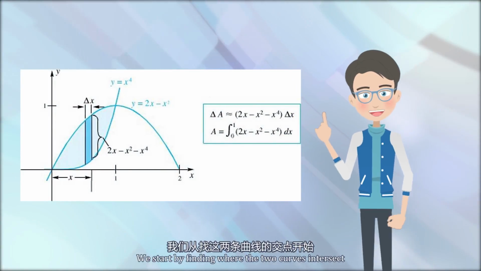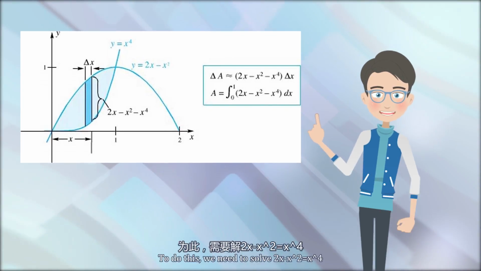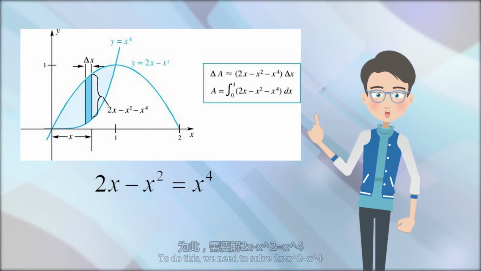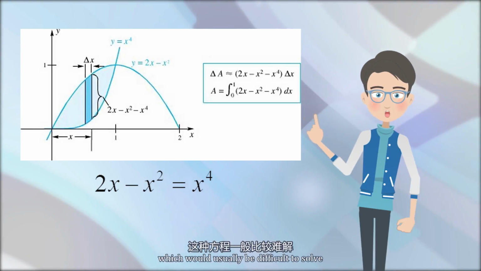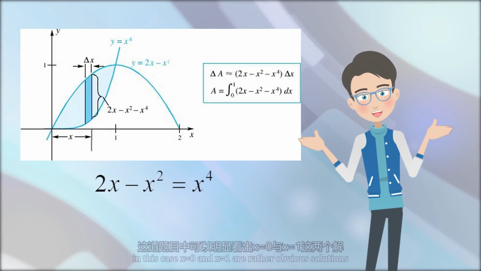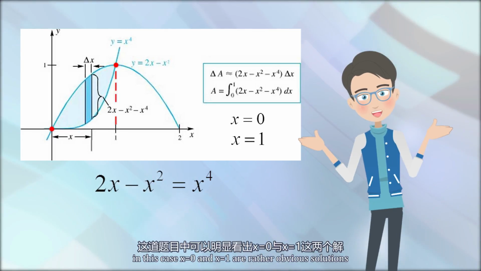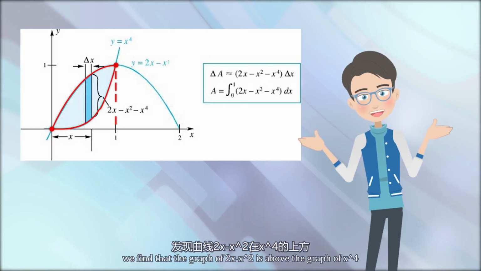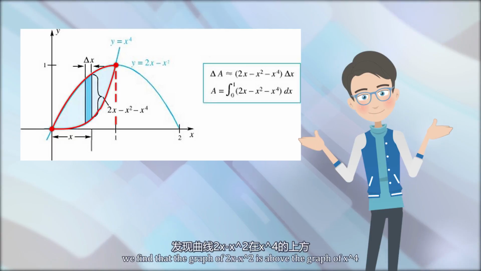Solution. We start by finding where the two curves intersect. To do this, we need to solve 2x minus x squared equals x to the 4th, a 4th degree equation, which would usually be difficult to solve. However, in this case, x equals 0 and x equals 1 are rather obvious solutions. By sketching the region, we find that the graph of 2x minus x squared is above the graph of x to the 4th.